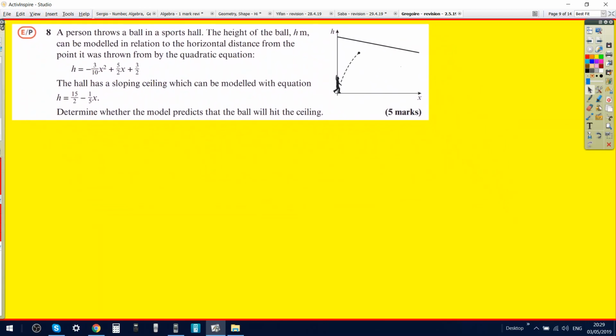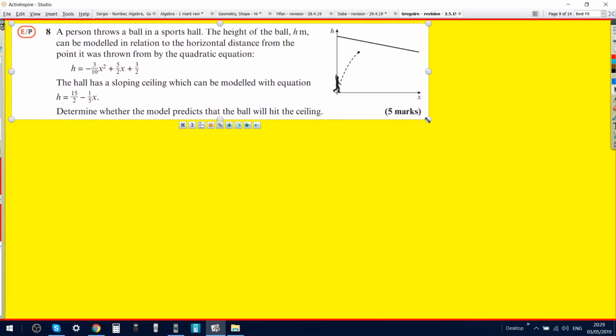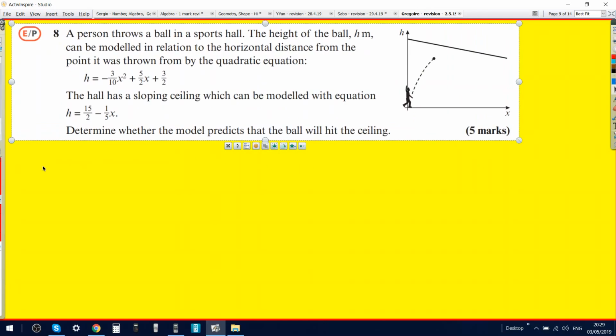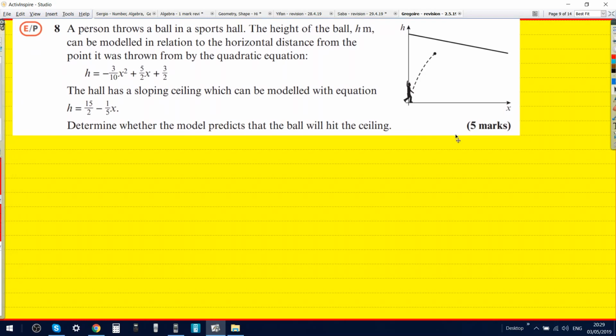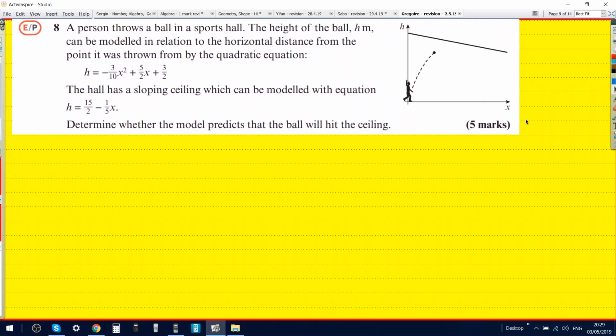Okay. How about this? Okay, so the boards. Determine whether the model predicts the ball will hit the ceiling.